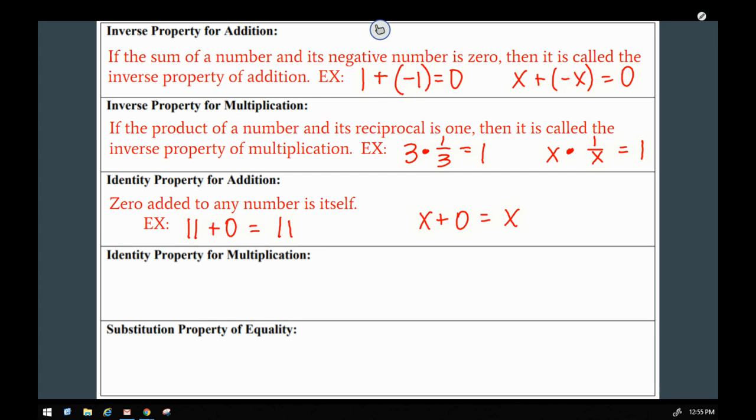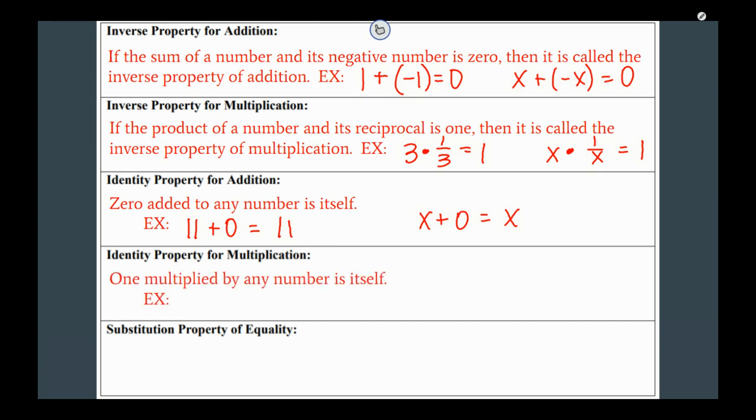Okay. What number do you multiply by to get the same number? 1. 1 multiplied by any number is itself.